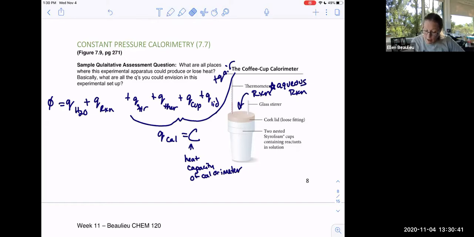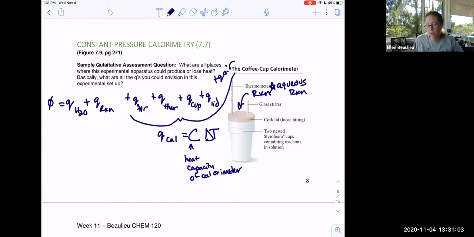Gets captured in this calorimeter constant, the heat capacity of your calorimeter times delta T. That's generally the term that we use to apply to the calorimeter contribution, or Q cal. We've learned so many Qs so far.